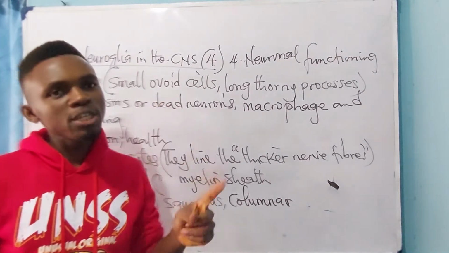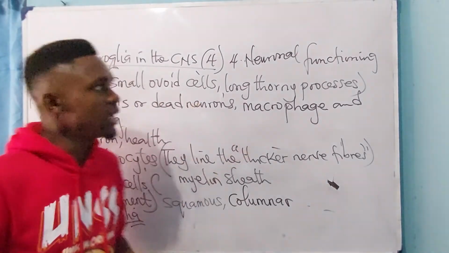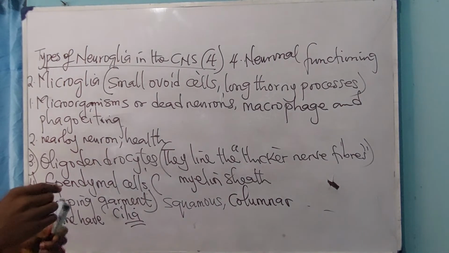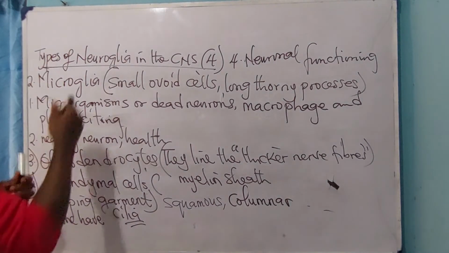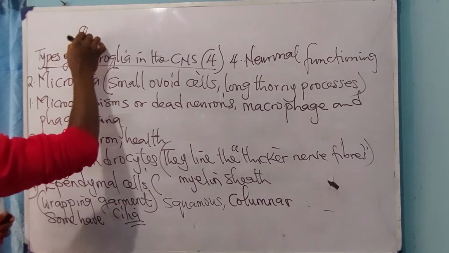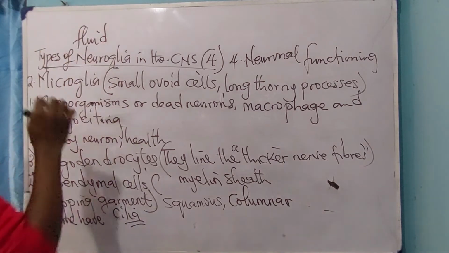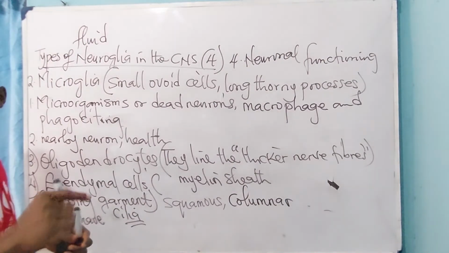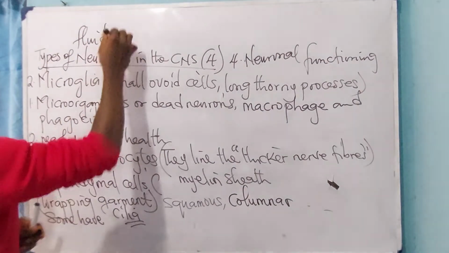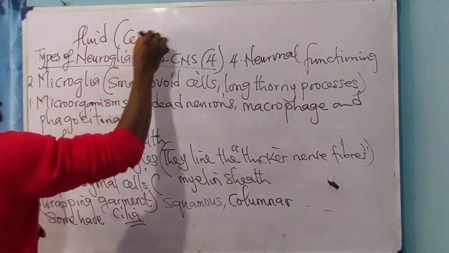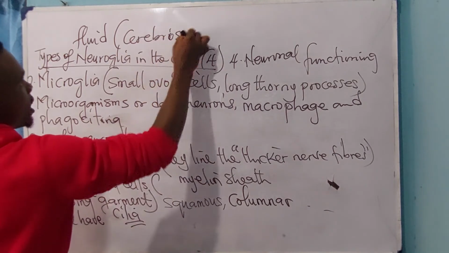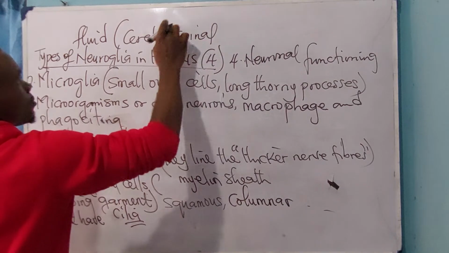Therefore, in the space between the arachnoid mater and the pia mater, there is a fluid called the cerebrospinal fluid.